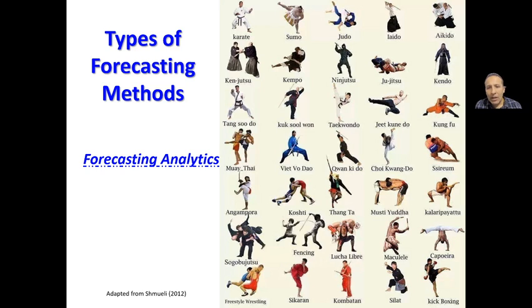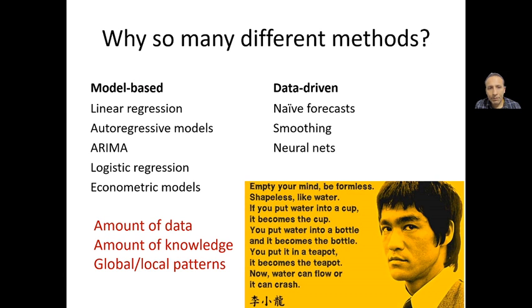We have many of them in here, and all these styles have their ideas behind them, so they are very important. What you are going to do is get the ideas right behind the forecasting techniques that we are going to use in this module. That is why I have here Bruce Lee.